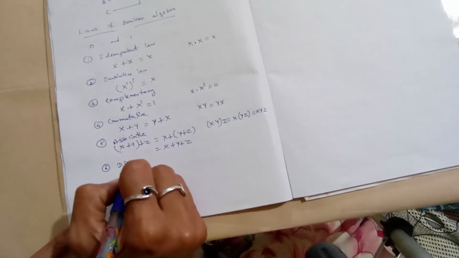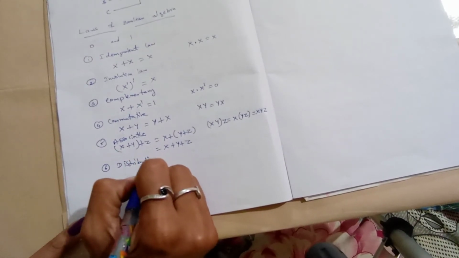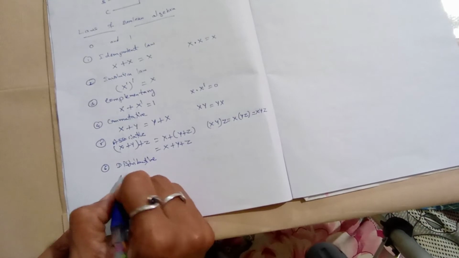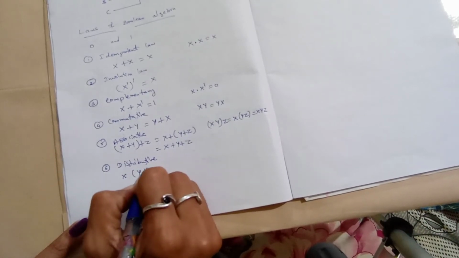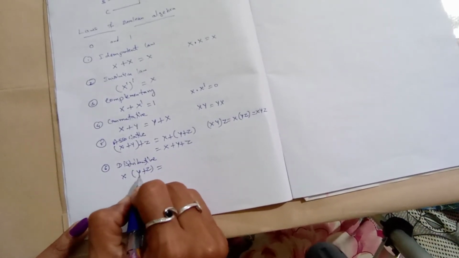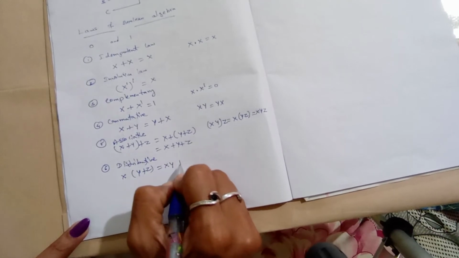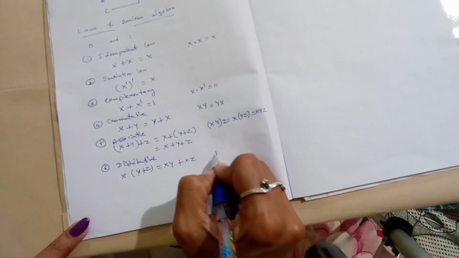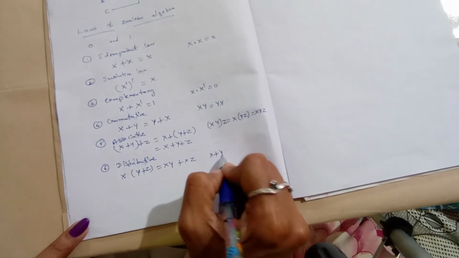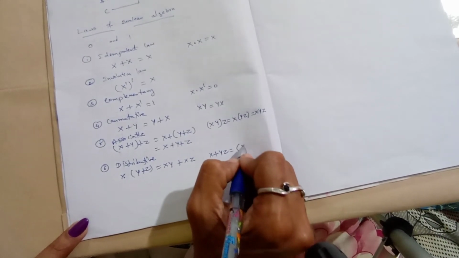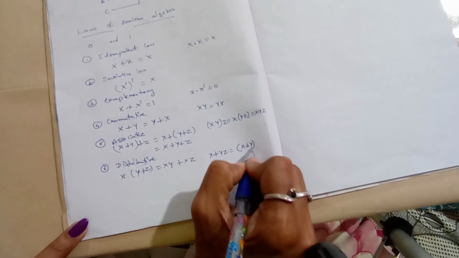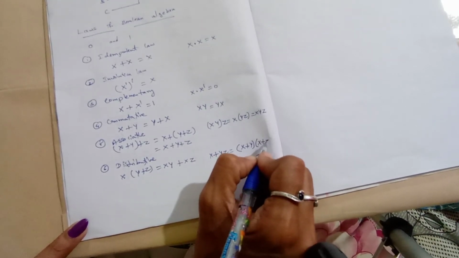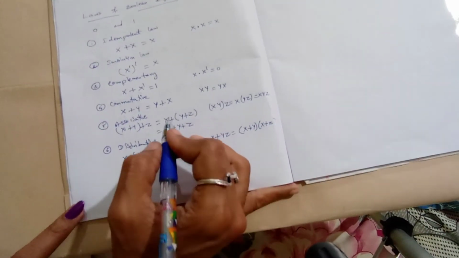Distributive law. x into y plus z is equal to x into y plus x into z. x plus yz is equal to x plus y into x plus z. Now, De Morgan's law.